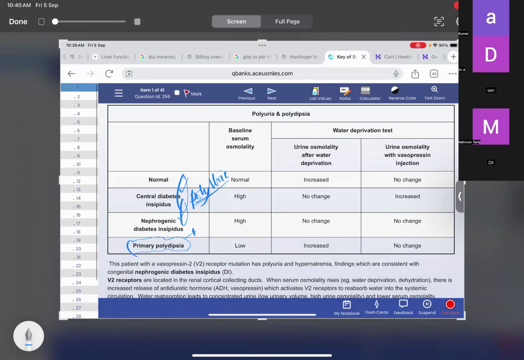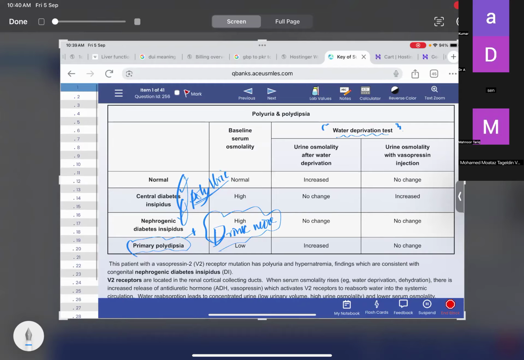So what is primary? In primary, we have something like psychiatric disorders where we drink more, okay? So what is the water deprivation test?